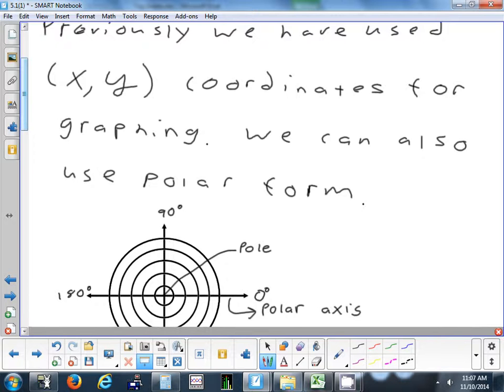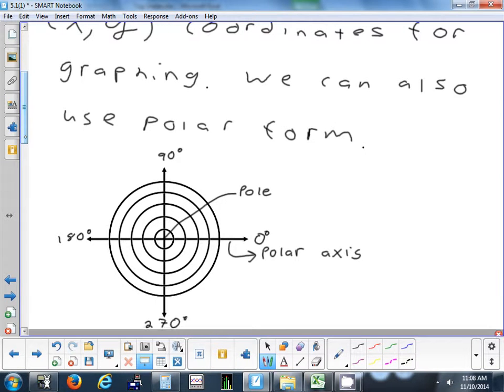The horizontal axis we call the polar axis. And just like we've always done, 0 is at the right, 90 at the top, 180, and 270 is at the bottom. The center, you could call it the origin, but in polar form we normally call it the pole.